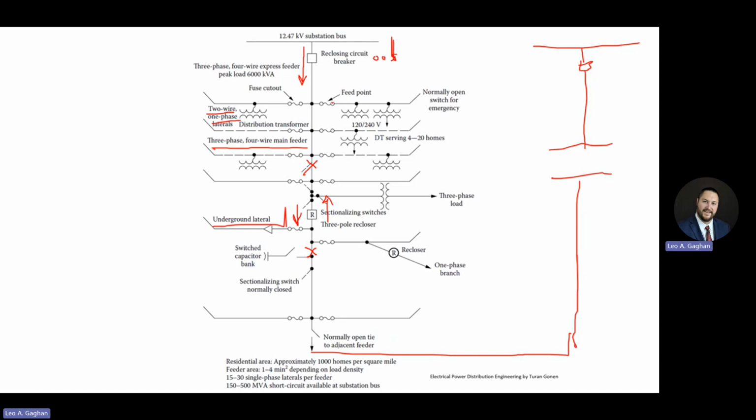We may not have had a full coordinating time interval, but maybe the fuse blew and the breaker tripped, but the breaker reclosed. Well, maybe that, depending on your utility, maybe they're okay with that. Maybe they're not, but maybe they're okay with that. That would be a way for the customers to have their power restored.